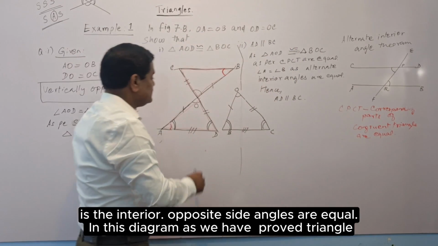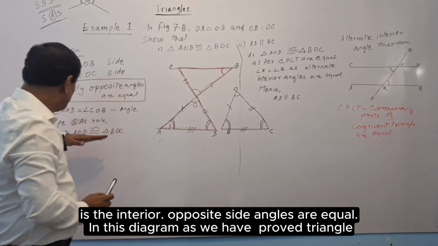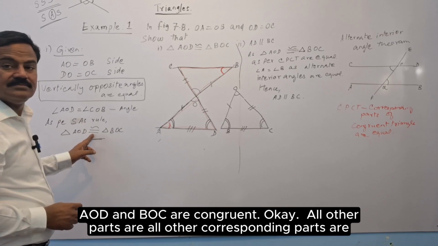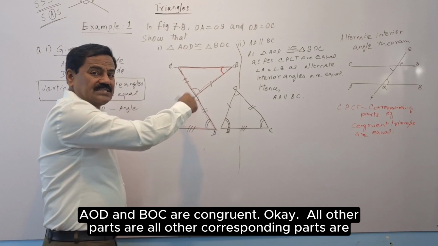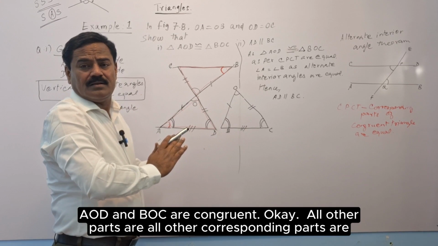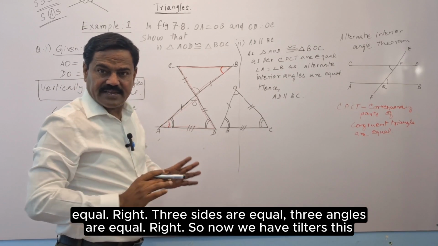Okay, in this diagram, as we have proved, triangle AOD and BOC are congruent. Okay, all other corresponding parts are equal, right? Three sides are equal, three angles are equal, right?